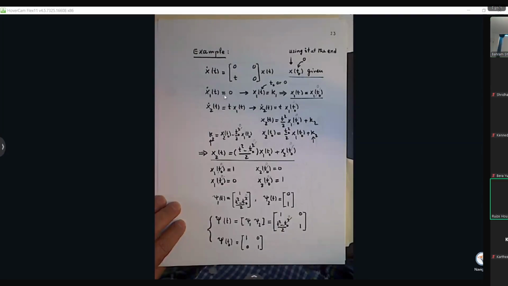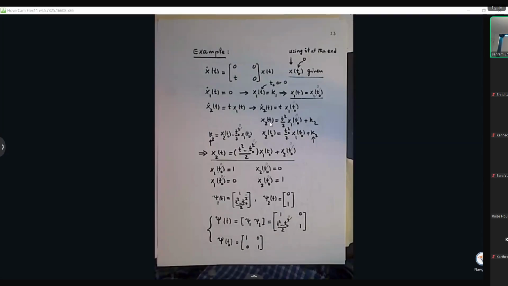So this means that x1 of t0 is k1? Yes. When you put t equal to 0, that becomes x1 of 0 or x1 of t0. If you put x1 of t0 here, that becomes k1. Oh, yeah, I got it. Then you substitute this one into this equation, you find x2 of t.